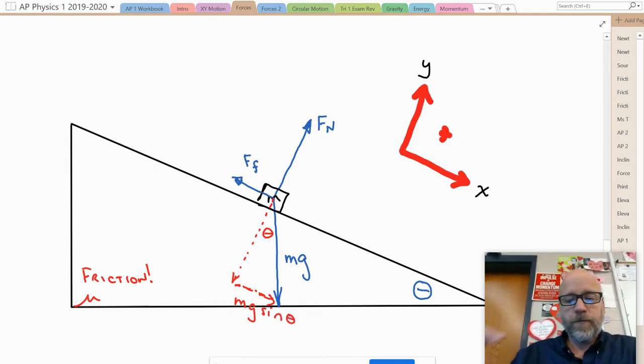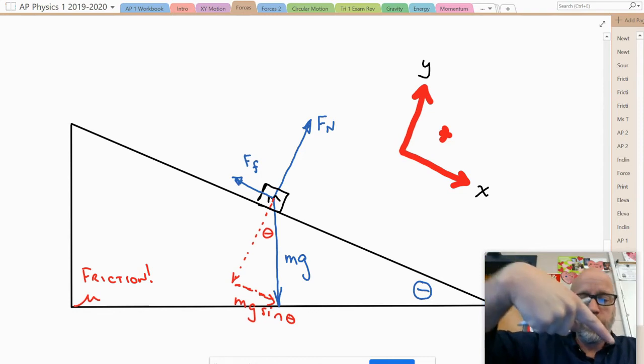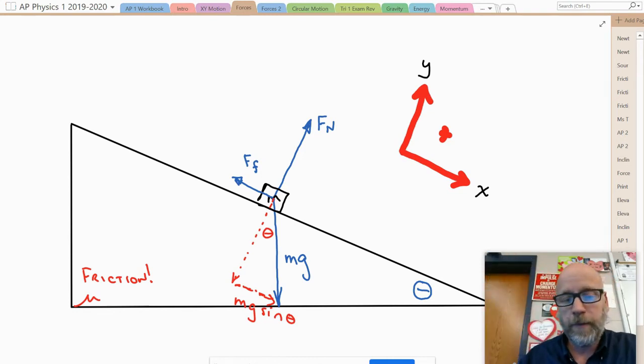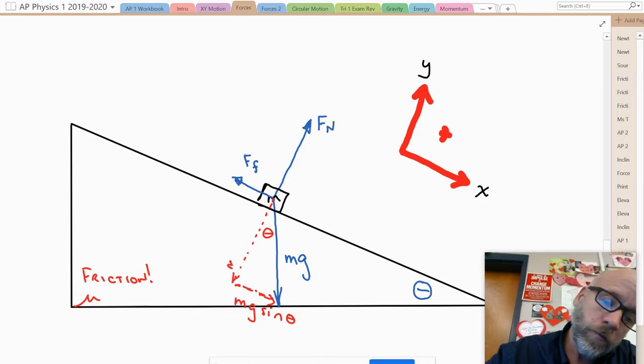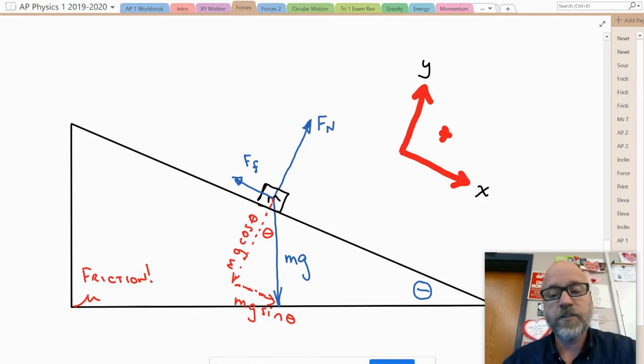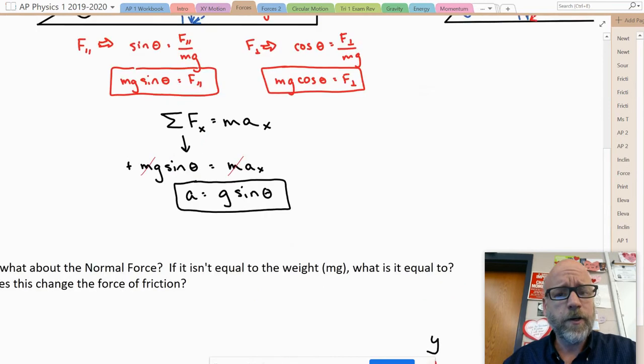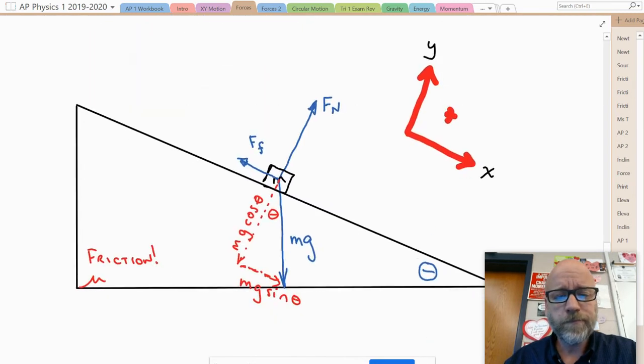That is the force in the direction of motion that makes it go down the inclined plane. The other force that's perpendicular to the surface is going to be mg cosine of theta. It's adjacent to the angle. If you're not sure where I got that, rewind it and go back up to the problem above.